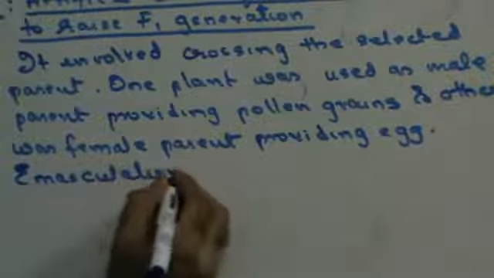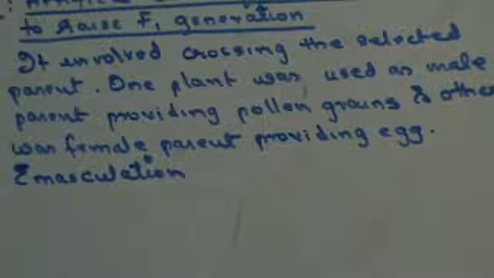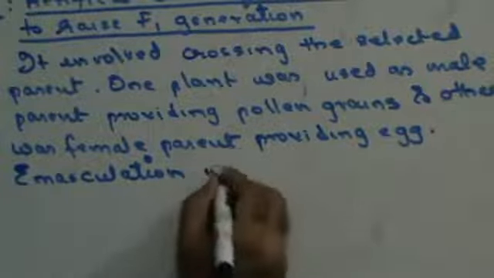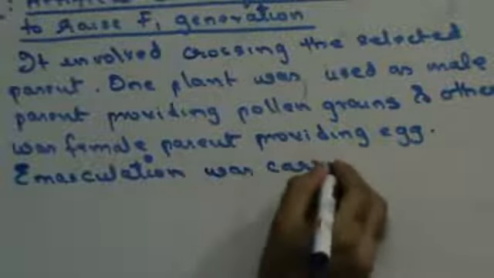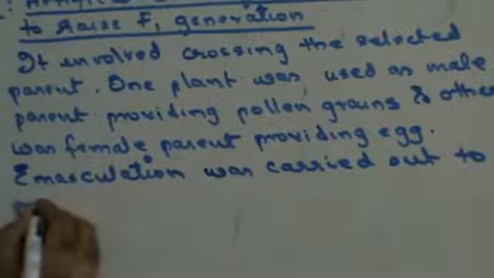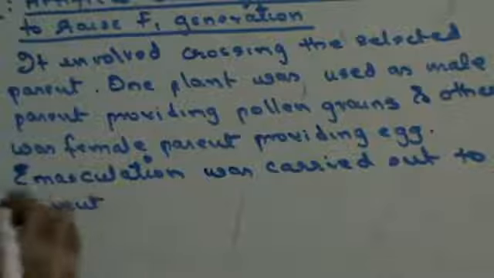I hope you all remember what emasculation is. Emasculation is the removal of the stamen before the formation of pollen grains. So emasculation was carried out to prevent self-pollination.